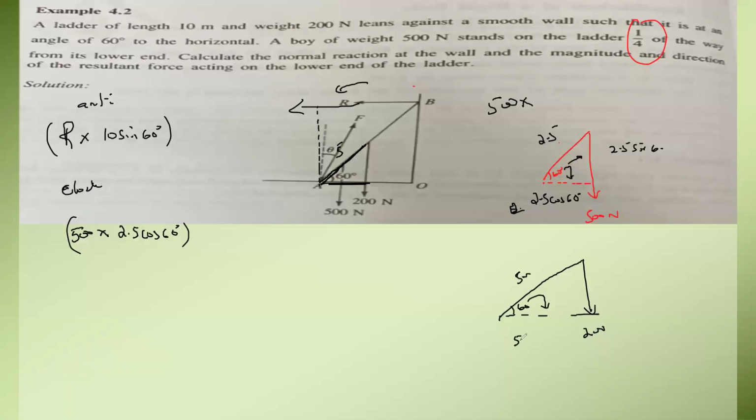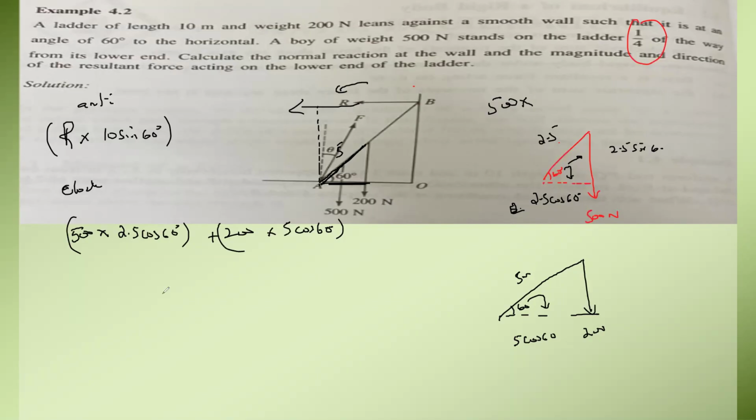This will be equal to 5 cosine 60. So this will be 200 into 5 cosine 60 degrees. So 500 into 2.5 cosine 60 and 200 into 5 cosine 60 is causing a clockwise turning effect, and this is causing an anti-clockwise turning effect.